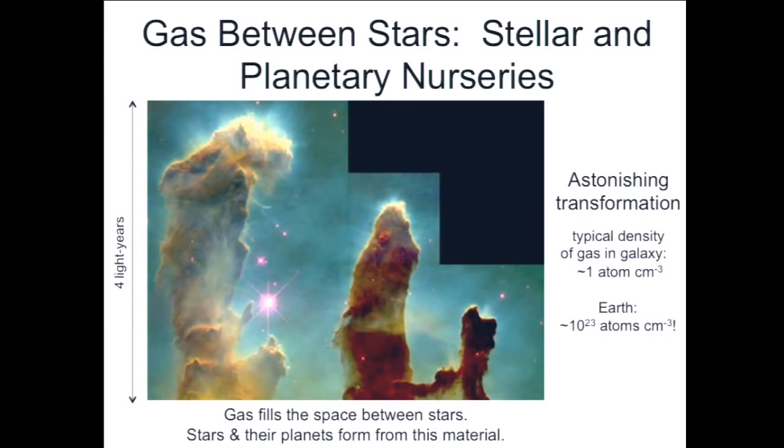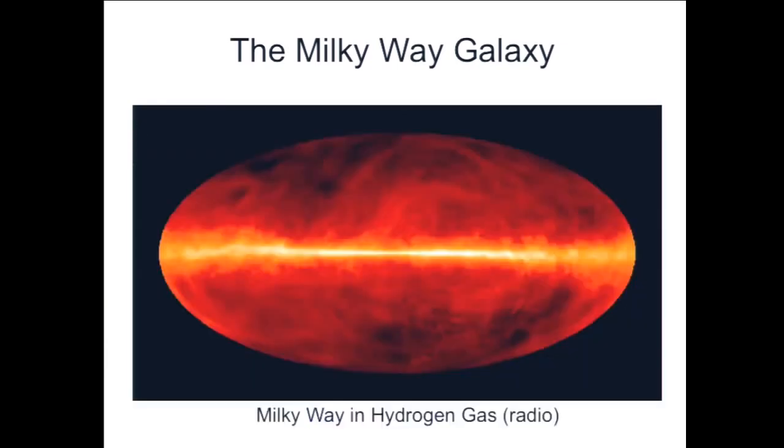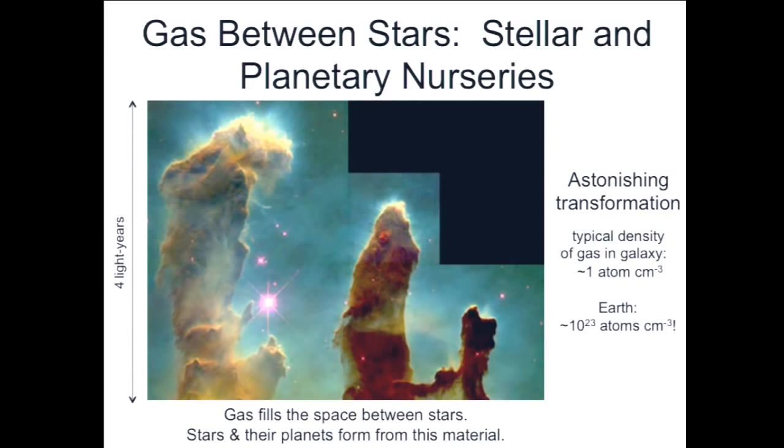And the only reason it adds up to this extraordinarily large amount of stuff, 5 billion times the mass of our sun, is that the galaxy is truly enormous. You take 1 atom per cubic centimeter, you spread it out over tens of thousands of light years, you end up with 5 billion times the mass of our sun. By comparison, the Earth consists of about 10 to the 23 atoms per cubic centimeter, mostly iron, silicon, things like that.